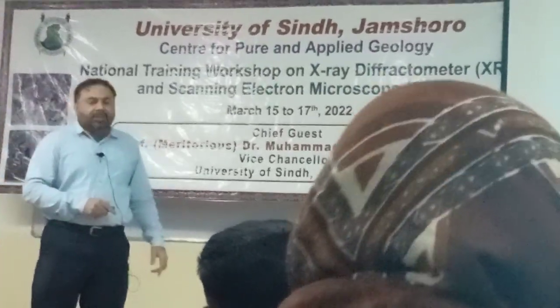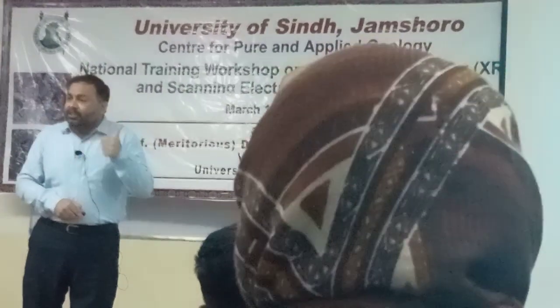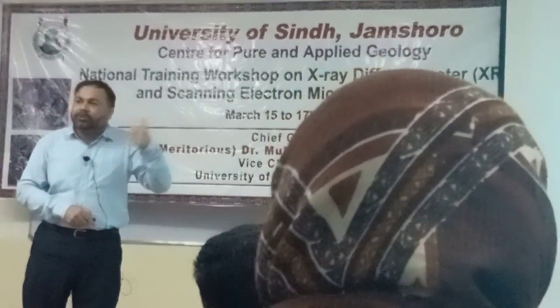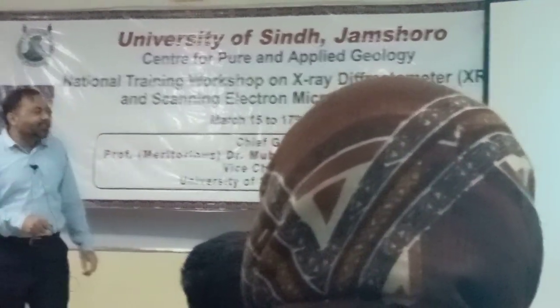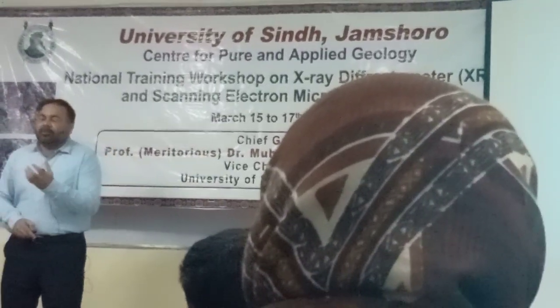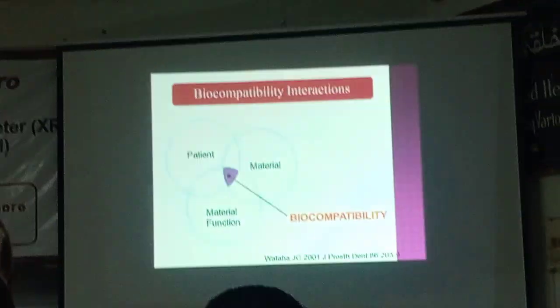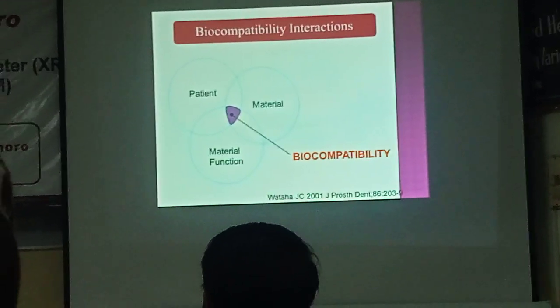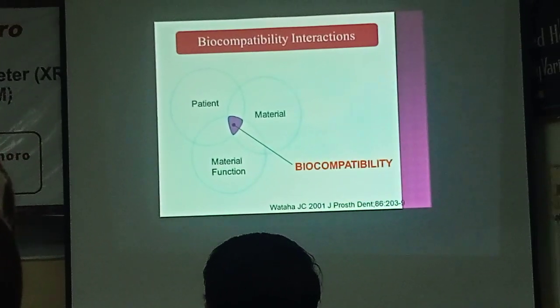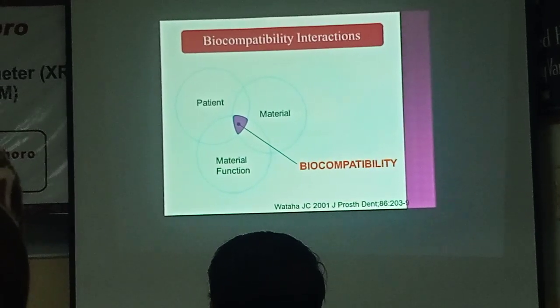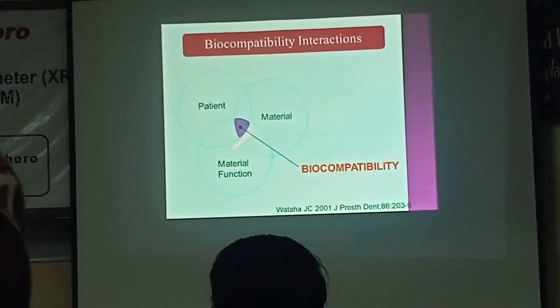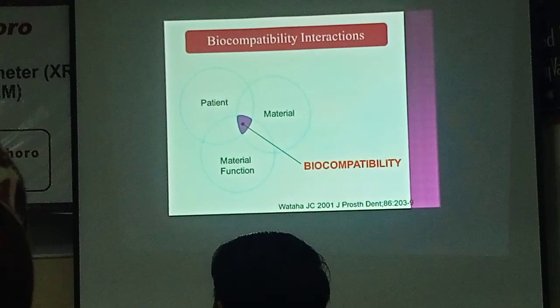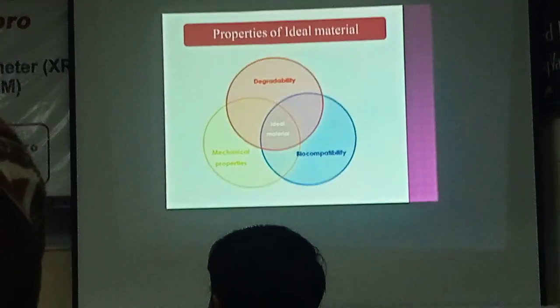The second is which kind of material you are using, whether ceramics, polymer, or some metal. The third is what kind of function you are expecting from this material, either it will help in regeneration, or you are implanting some kind of device in your body. When all these three properties are synchronized at a point, that point is called biocompatibility.